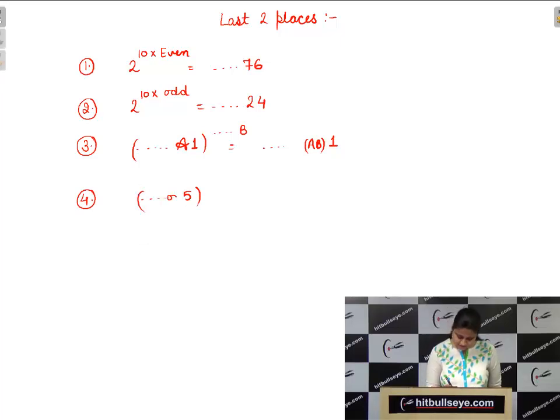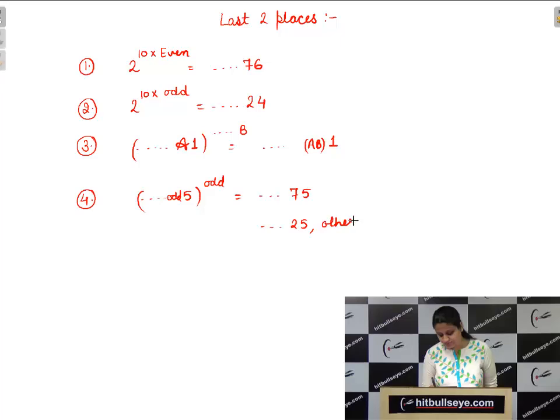If before 5 we have an odd number and in the power we have an odd number, then your number will always end in 75, and it will end in 25 otherwise. What do you mean by otherwise? It means if you have an even number in at least one of the places, then the number will end in 25. These are some shortcuts we will apply to the questions now.